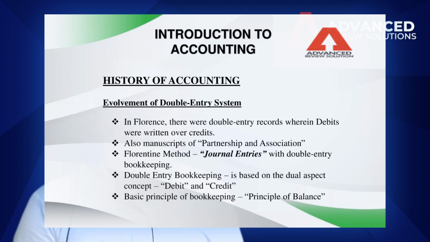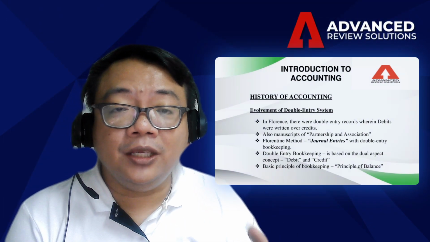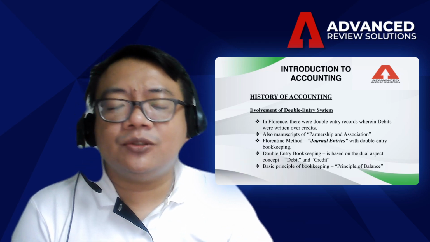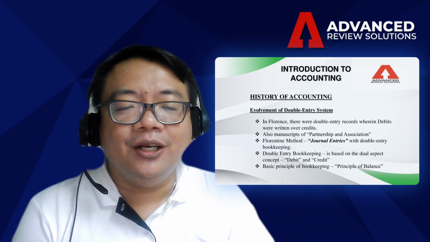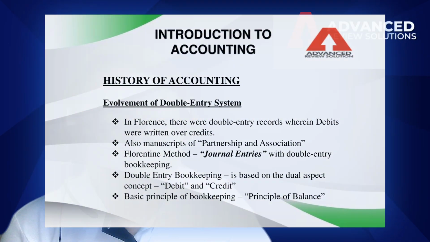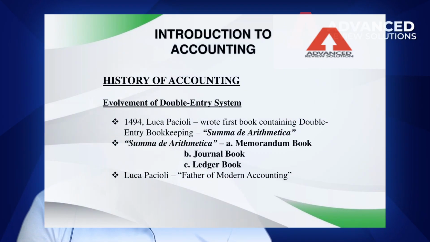Ayan. So, later also, I will discuss the double entry system, yung tinatawag nating debit and credit. As discussed a while ago also, when you say accounting, it is your basic principles of bookkeeping or the principles of balance. Later, I will discuss why it should be balanced, or the perfect double entry system.